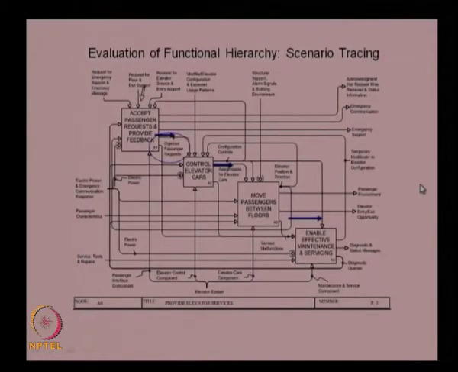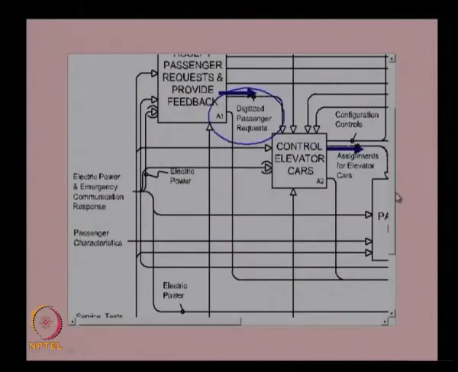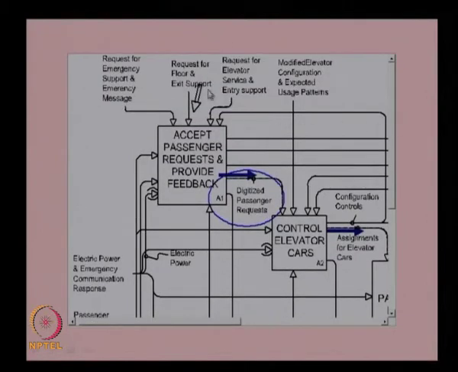So we started from the context diagram. In the context diagram the input is given to the system and an output is coming from the system. And now we look at the A0 diagram where the sub functions are there and we try to trace the inputs. So here we take the input, request for floor and exit support.